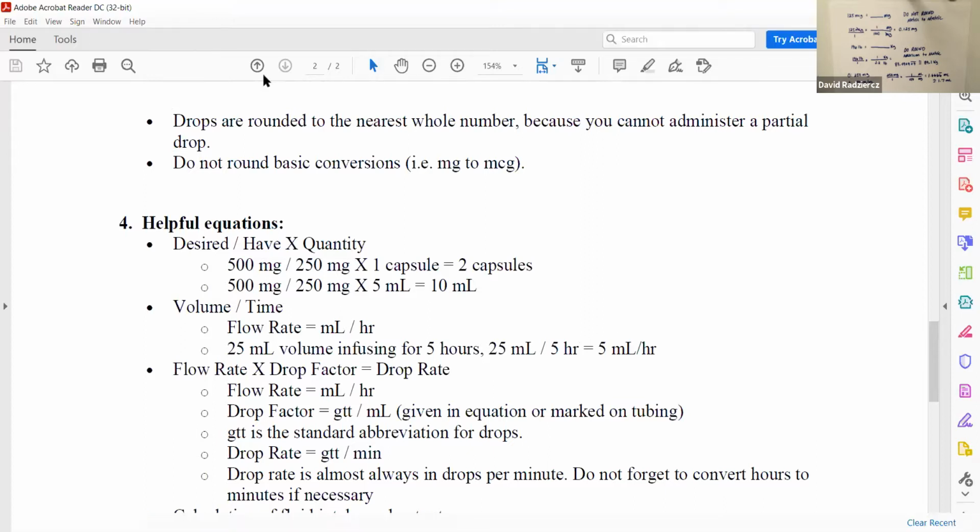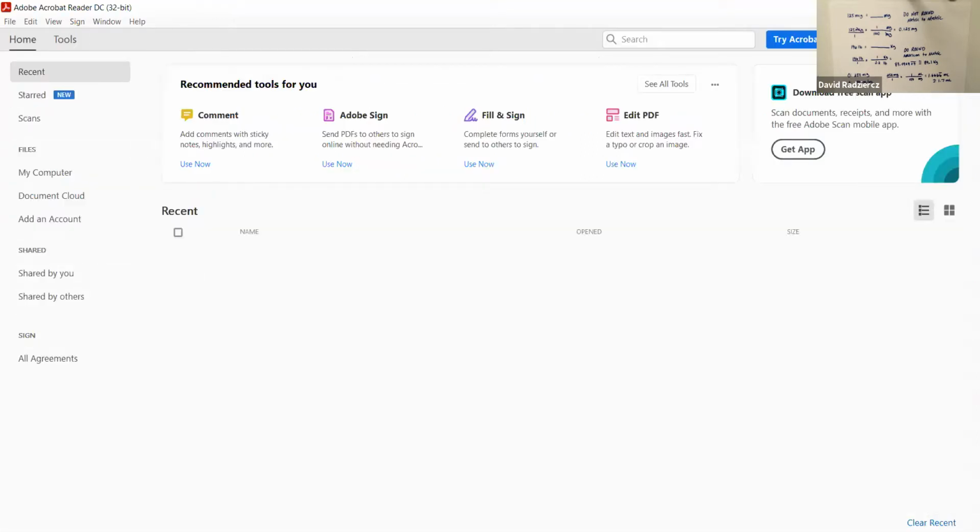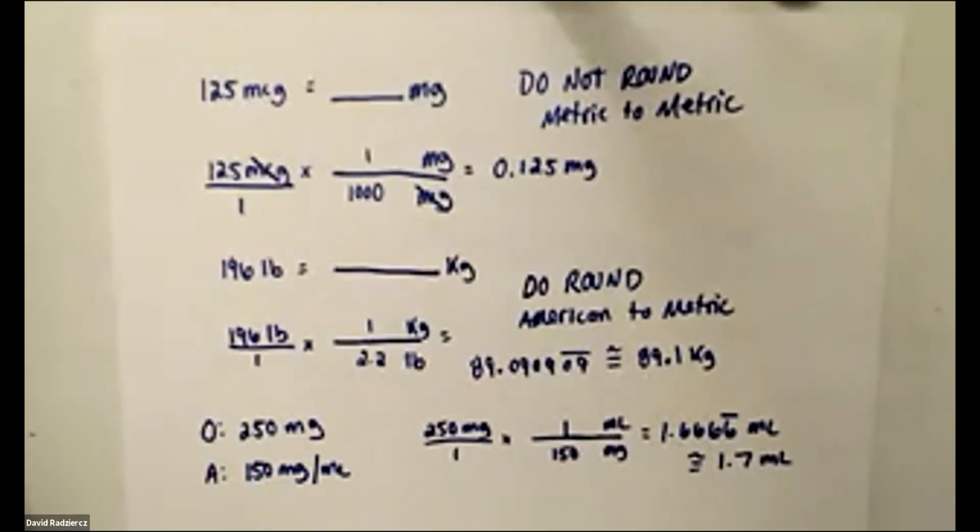So let's go through a couple of practice questions, and then just work through a few of these to get an idea of how to do some of these questions, what they might ask, what they sound like or look like. So I'm going to pull up another practice set. Let's see if I can find it.